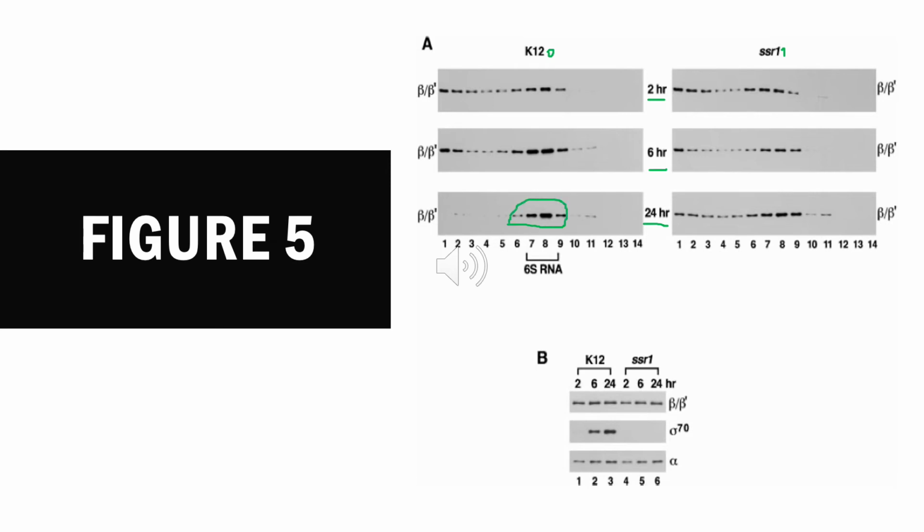phase. If you look in between the boxes, we've got the K12 and then the SSR1. Between them, you'll see 2 hours, 6 hours, 24 hours. The stationary phase is at the 24-hour mark.